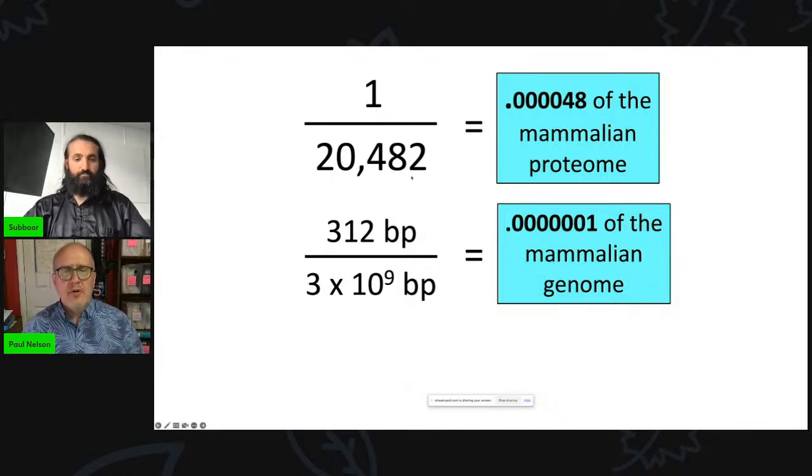So here, a typical mammalian or a typical animal proteome will be on the order of 20,000 proteins. This is 3.10 to the 9 base pairs, which represents the human genome, and the total nucleic acid length for cytochrome C is 312. So you're looking at a tiny fraction of the relevant information.